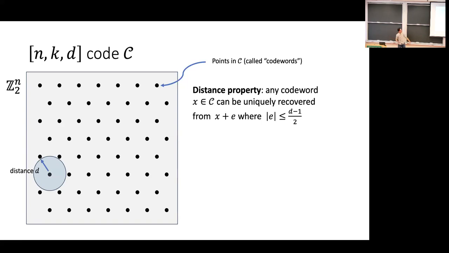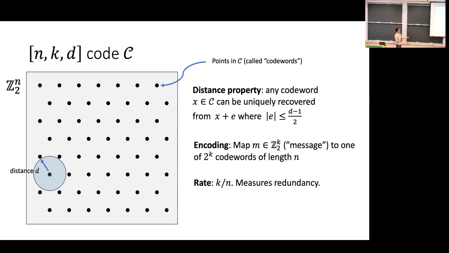Let's say on one end, I send one of these points across the channel, and maybe there's some noise or some perturbation, so that moves this point a little bit. But as long as the point is moved not too far, at most half the radius of this circle, then you can uniquely recover the original message that was sent. You can map it back to this point. So that's the distance property of a code.